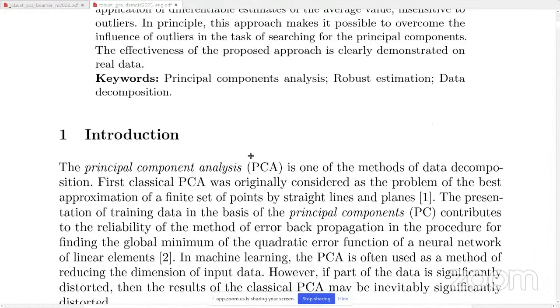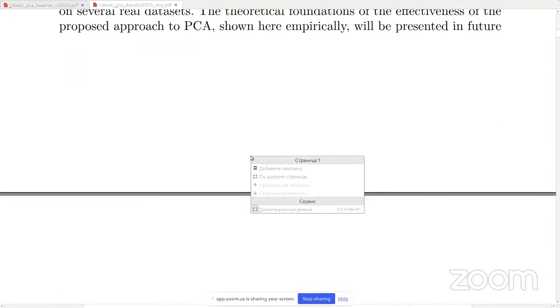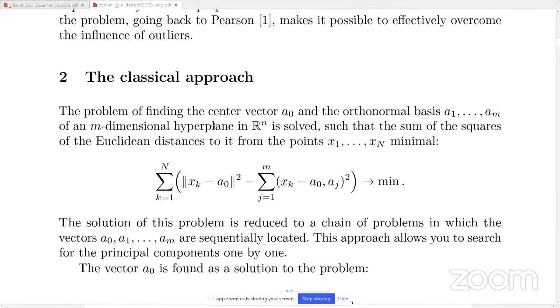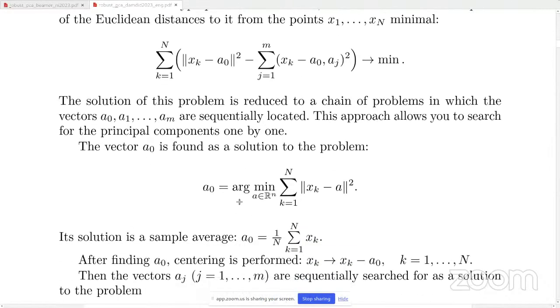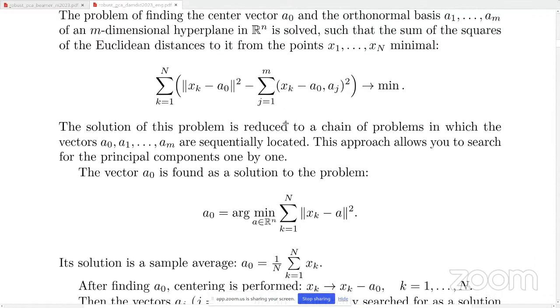This research is different in that I try to find a robust formulation for the task of principal component analysis, starting from the classical formulation, and try to explain that such a formulation leads to a robust variant of PCA.